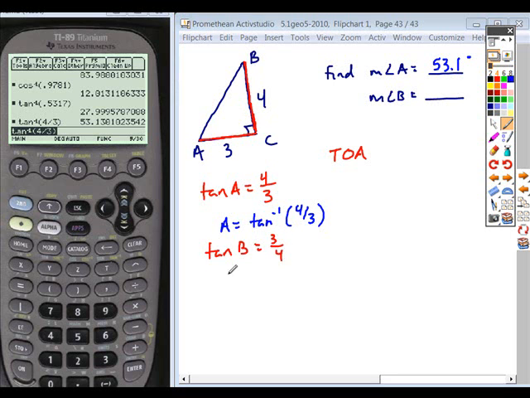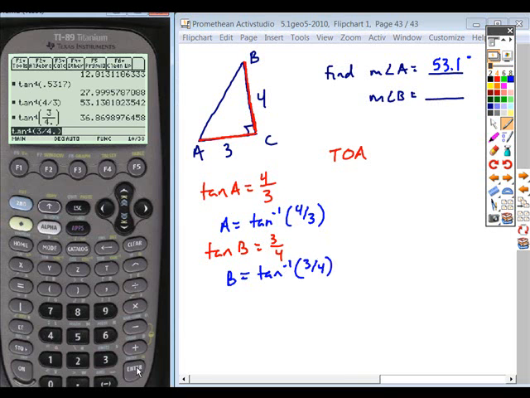And I can calculate this. B is equal to the inverse tan of this ratio 3/4. And so when I calculate it, inverse tan 3 over 4, again I can either put a decimal in my problem or use the green diamond key. And I get 36.9 approximately.